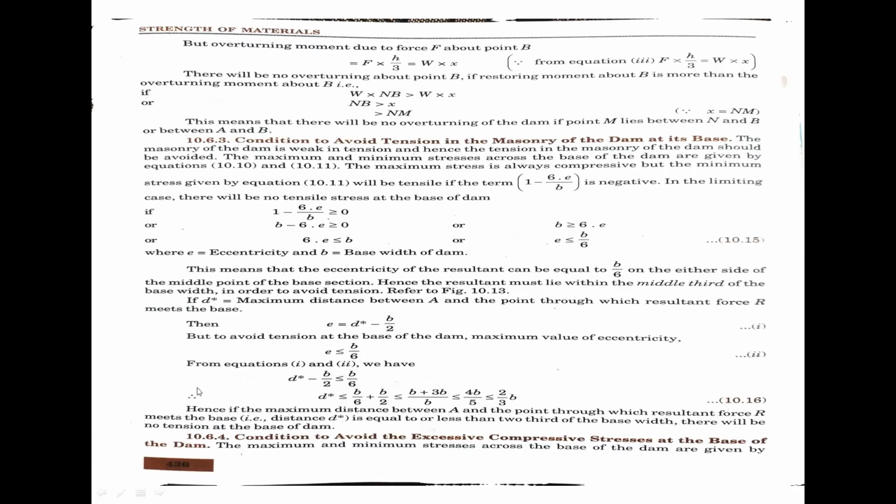Using equation 10.16, less than or equal to 2 by 3 into B. Hence, if the maximum distance between A and the point through which the resultant force capital R meets the base, the distance small d, is equal to or less than 2/3 of the base width, there will be no tension at the base of the dam. That is the condition you have to satisfy to prevent tension for the base width of the dam.